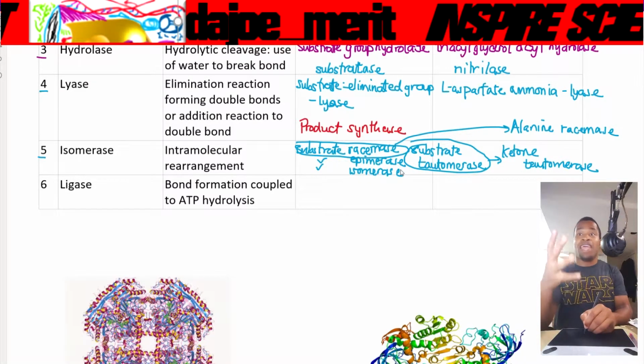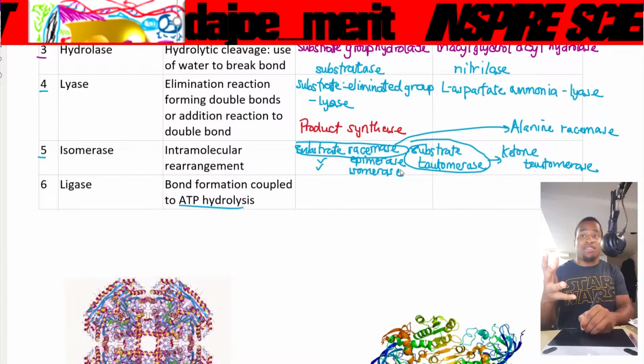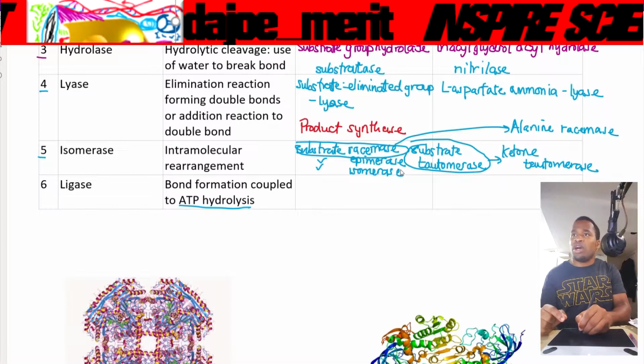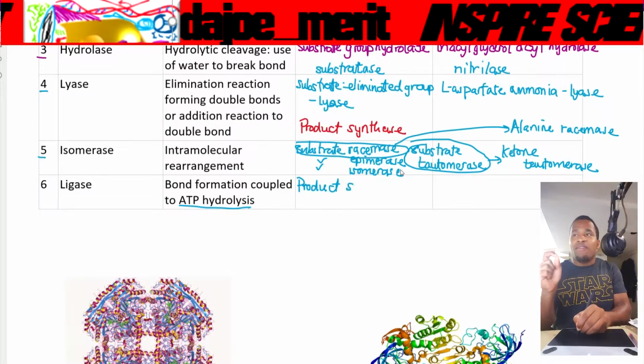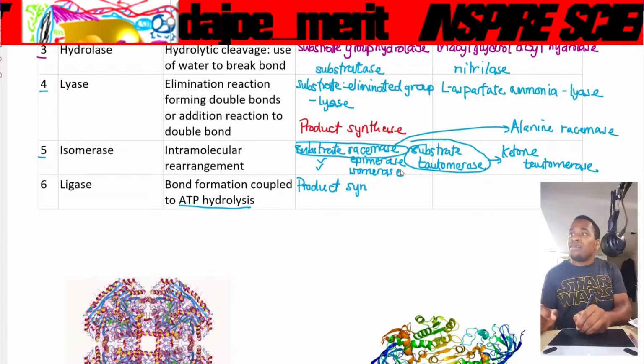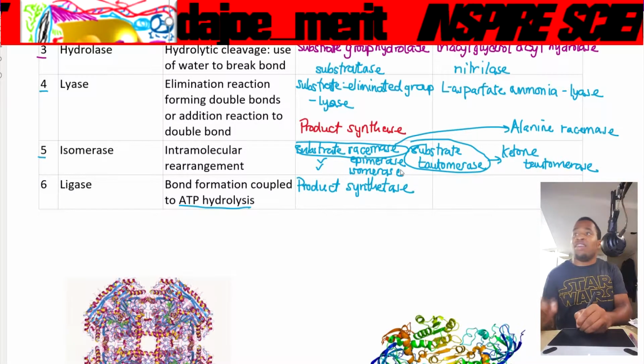So in this case, take note that the product first is the name, and then you're going to put in the family name, which is synthetase, not synthase.